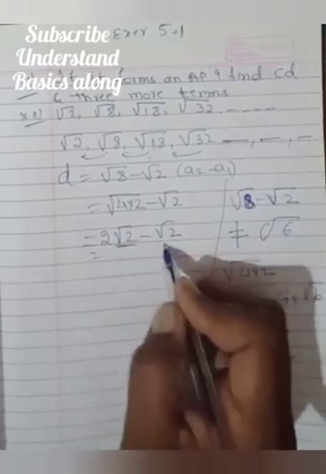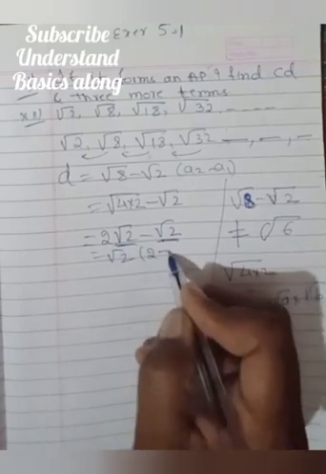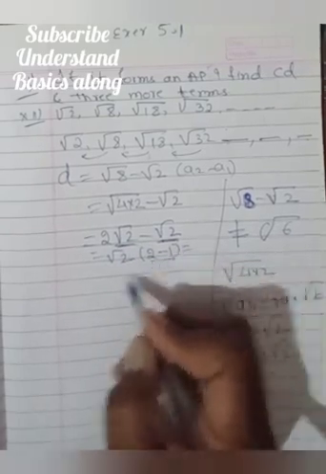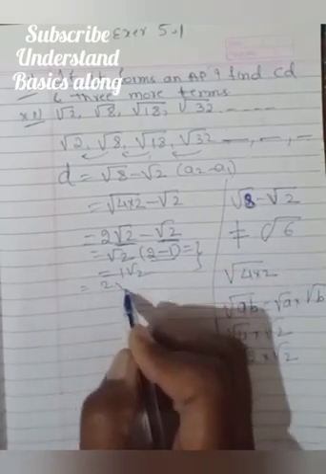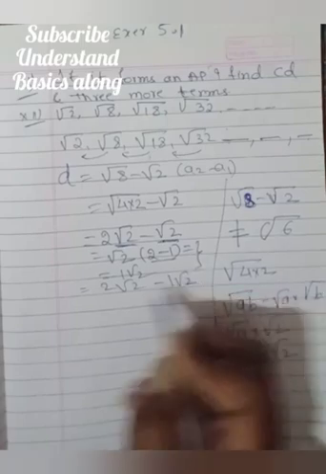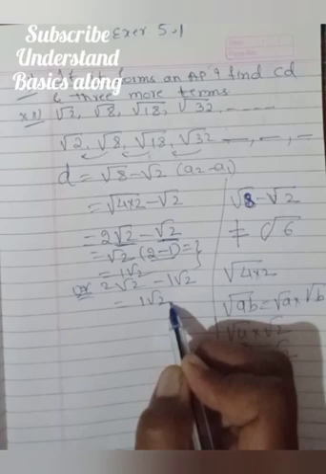Root 2 is common in between, so you have 2 minus 1, which is equal to 1 root 2. 2 root 2 minus 1 root 2 is 1 root 2. This is a very simple calculation.